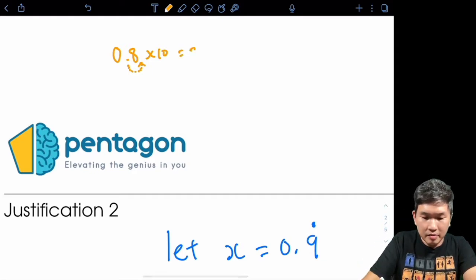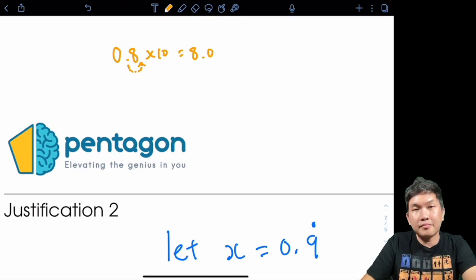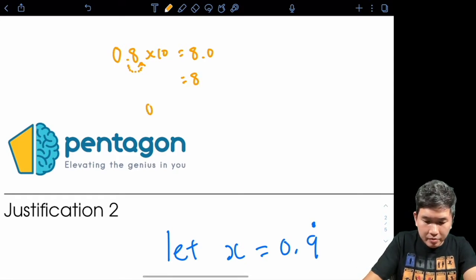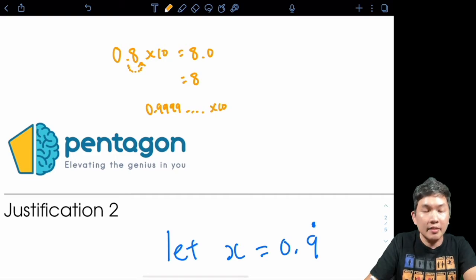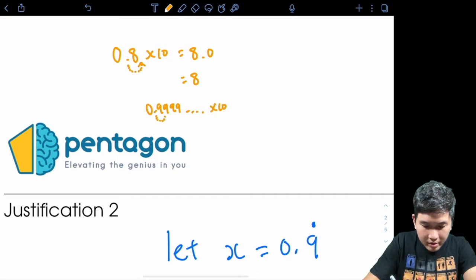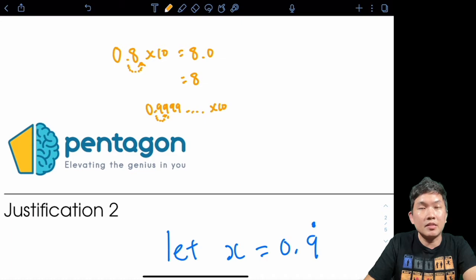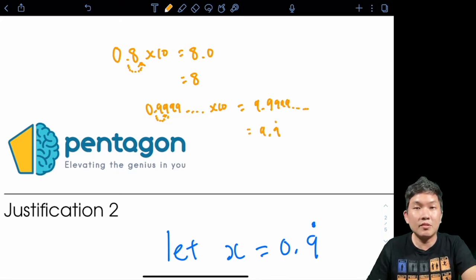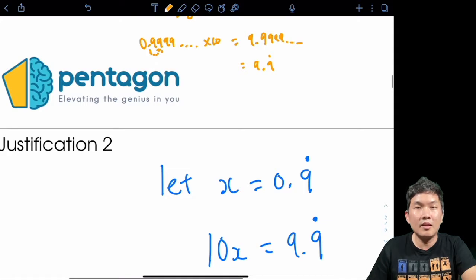So if I have 0.9999 and I multiply that by 10, then I move the decimal place one space to the right, and this is going to be 9.999, which is 9.9 repeating. So 10x is equal to 9.9 repeating.